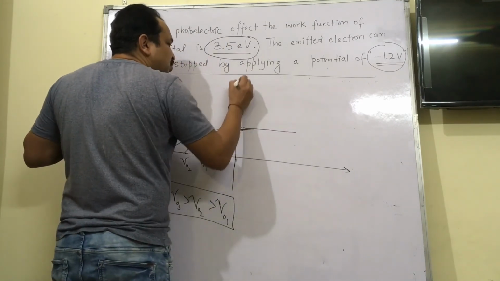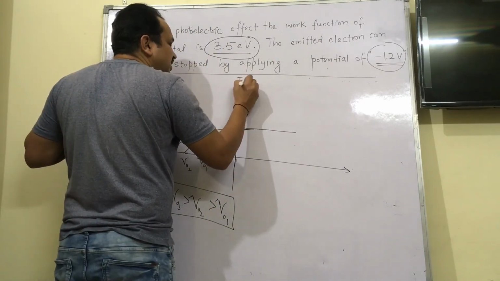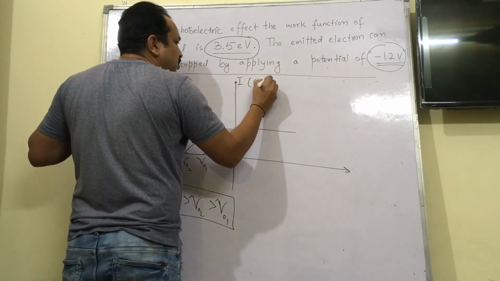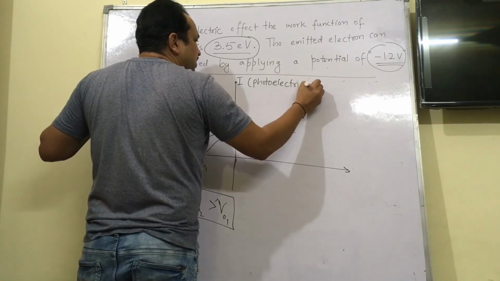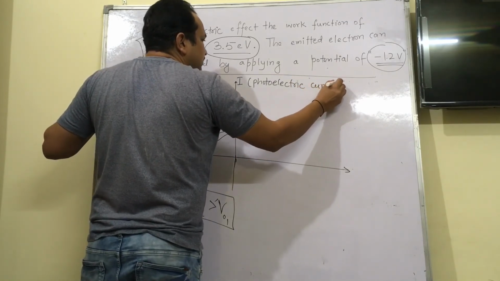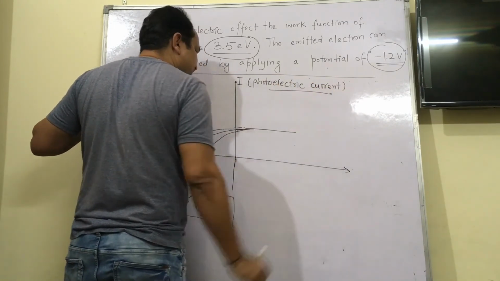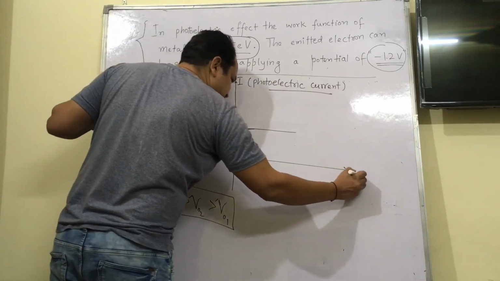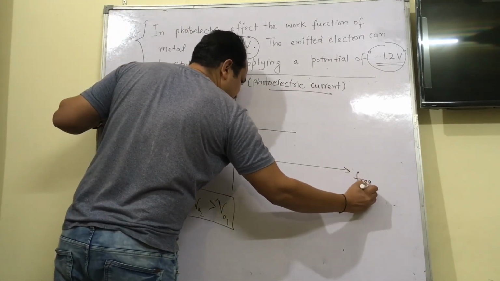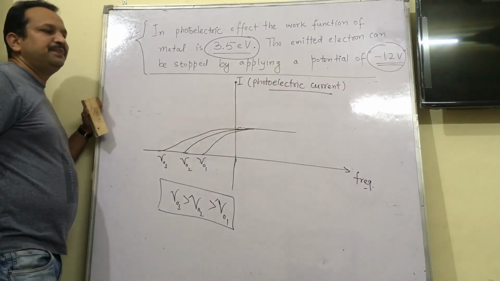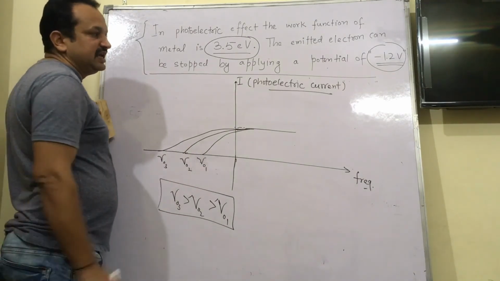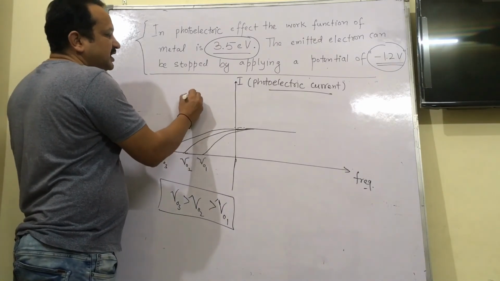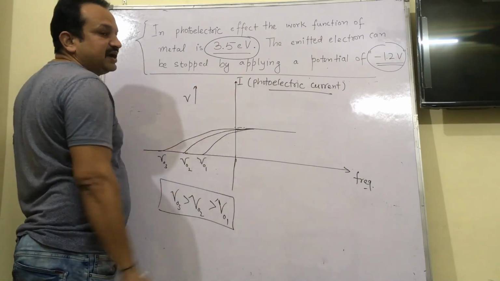Then there will be no change in photoelectric current. So in the third option, it is given that as we increase the frequency, will the photoelectric current increase?